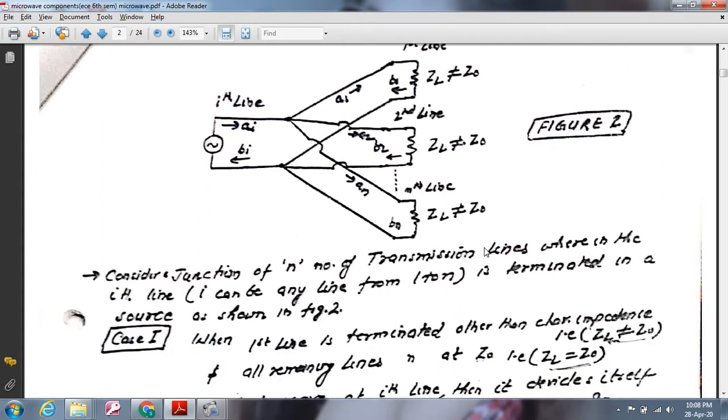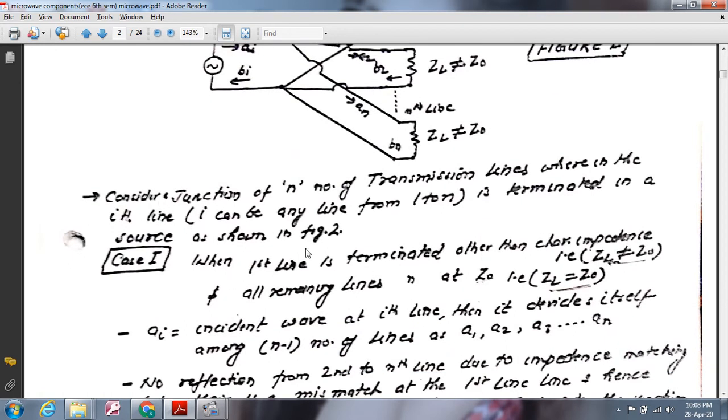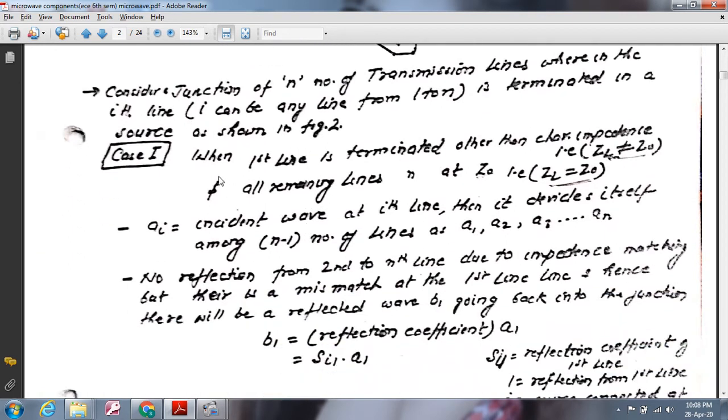Then this is case number 1, when the first line is terminated other than the characteristic impedance, that is ZL is not equal to Z0, and all remaining lines except the first are connected at Z0, means ZL equals Z0.